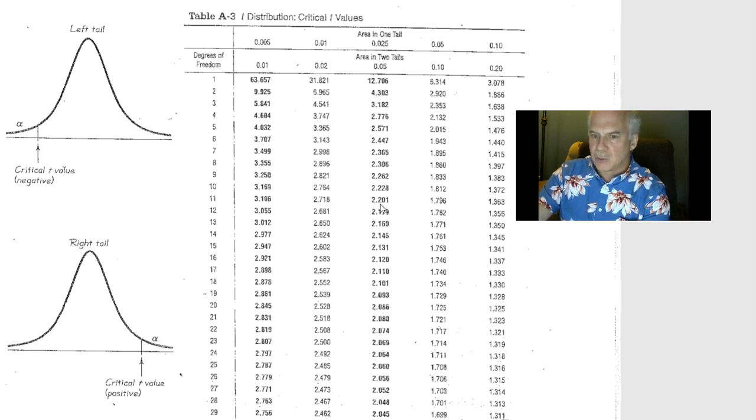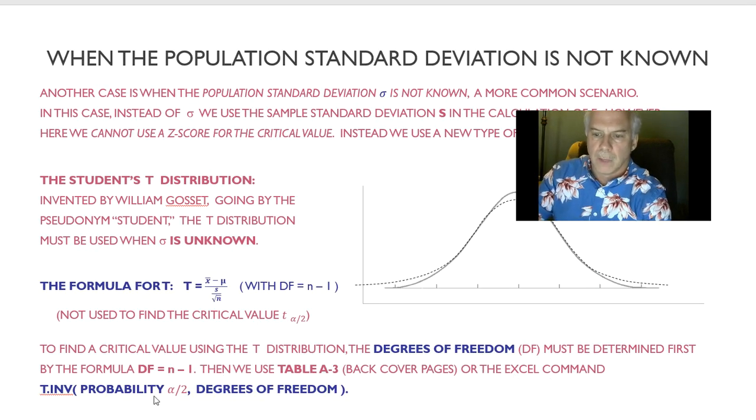So that would be 2.201 for your critical value. Now, if you don't use the table, you could use the t.inv command. You just have to use the probability alpha divided by 2, put that first, and then give the degrees of freedom in the command.